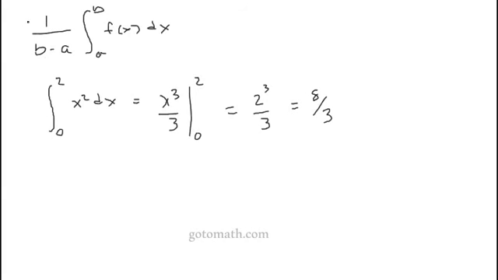Now, of course, let's not forget this piece here, which I actually did. This is 1 over 2 minus 0, which is a half, so we don't need to forget that. And times that by a half, and this simplifies down. Let's see, that's going to be 4/3.